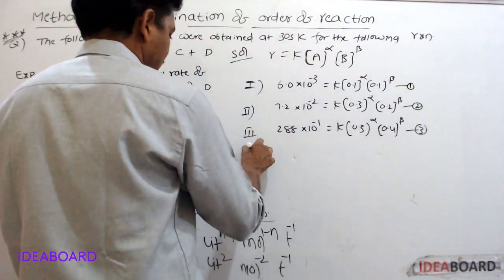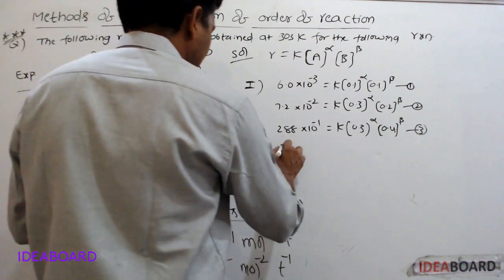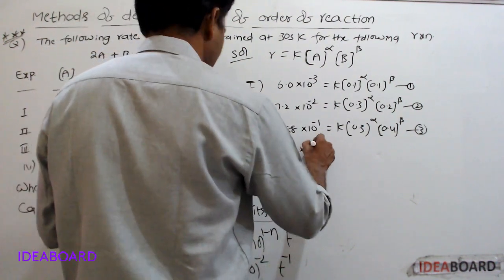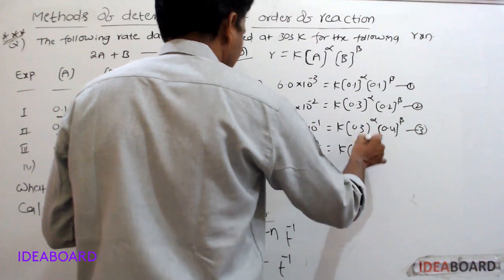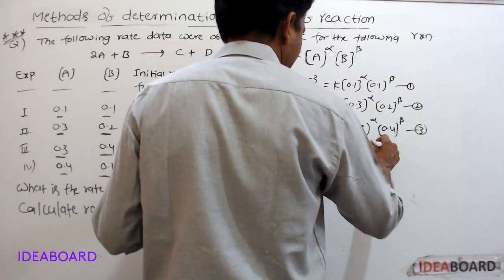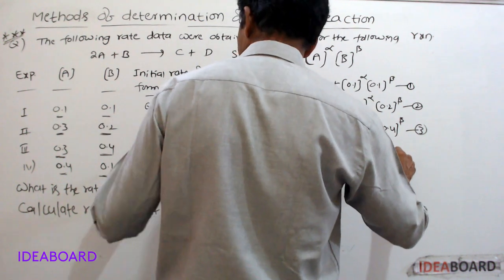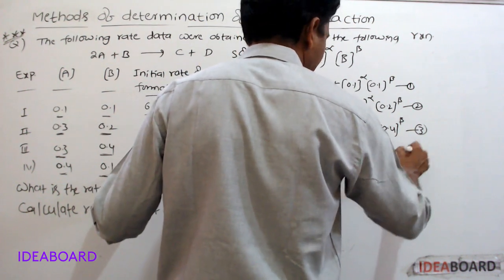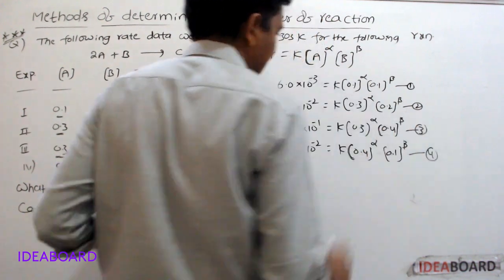Third equation. Fourth experiment. Rate is equal to K into A concentration 0.4 power alpha, B concentration 0.1 power beta. Fourth equation.